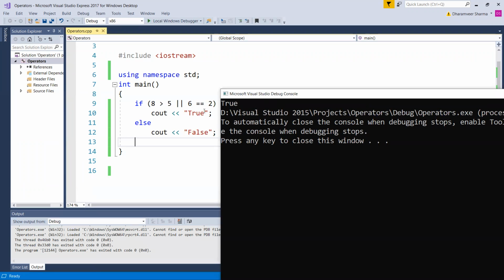Why is it true? Let's discuss it once again. 8 is greater than 5. Is it true or not? It's true, right? So it will be evaluated to 1. 1 or 6, both of them are true. So it is true, is equal to 2. 2 is also true. I told you that 0 is false, everything else is true. So it will be evaluated to true.